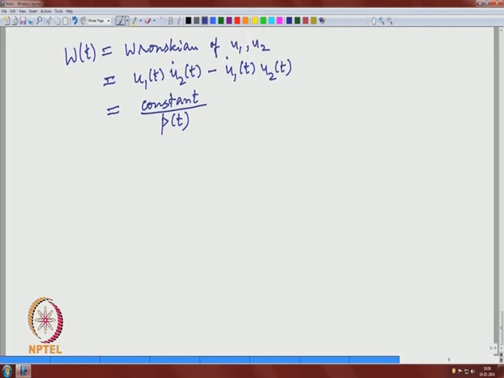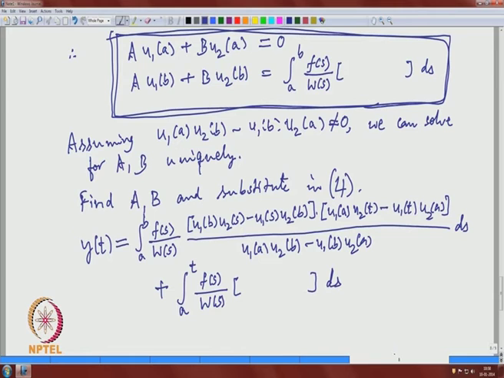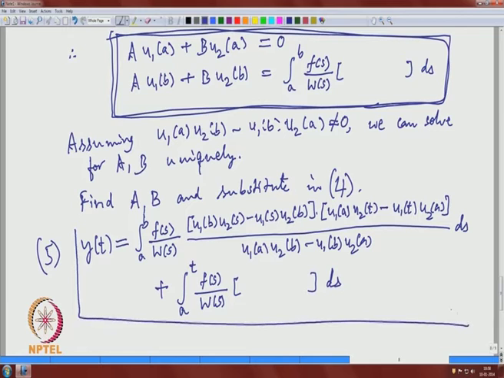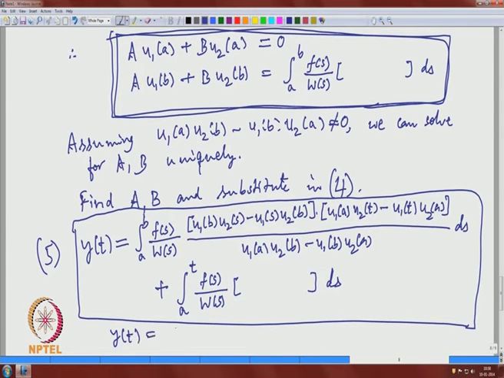And looking at this expression, let us go back again. Okay. So, this complicated expression, let me call it phi u. So, the first integral is a to b and the second one is only from a to t. So, we can split this integral into two parts. So, y t is something, a to t plus t to b. So, remember this, because we are going to imitate this. Okay.